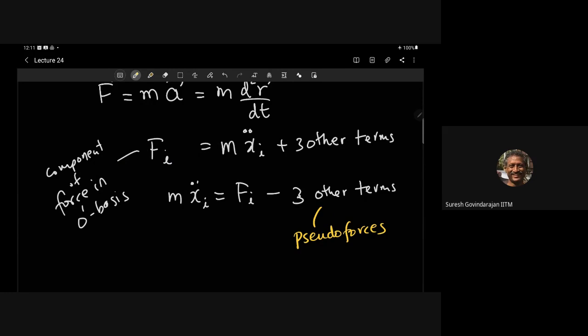Okay, and they all come from the fact that we are in a frame which is non-inertial. Frames are time dependent. I mean, that's it. Okay, and you can see that all the three terms vanish if your frame was not time dependent, and then it agrees with this thing. So this is the origin of the term pseudo forces.